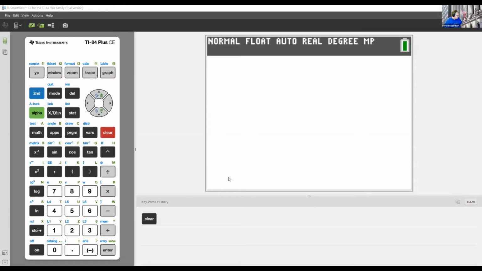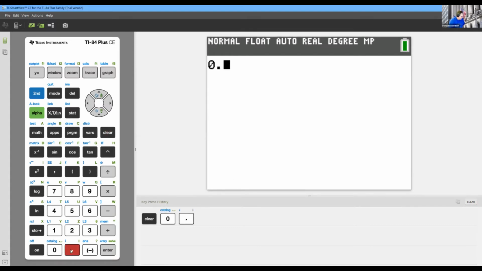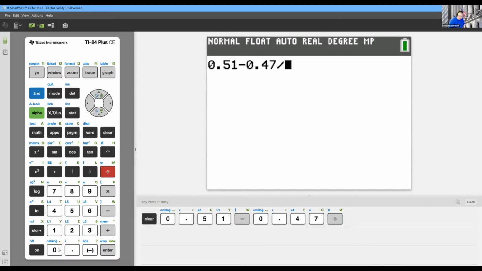Right, now that calculation was 0.51, take away 0.47, divided by 0.016, and that guy's called the z-score. So I'm about to do it wrong, deliberately. 0.51, take away 0.47, divided by 0.016.